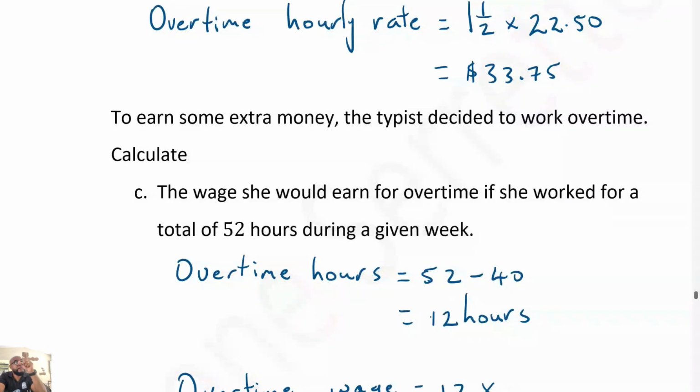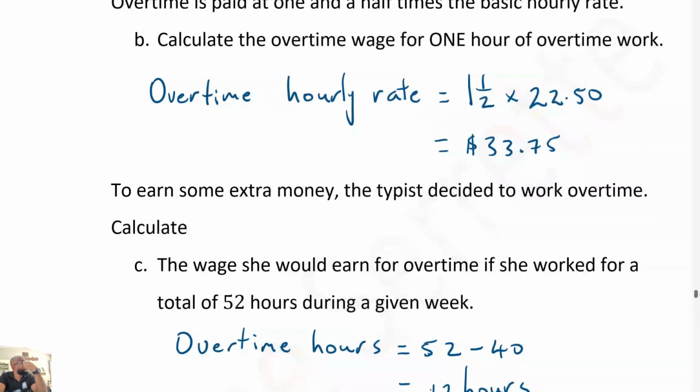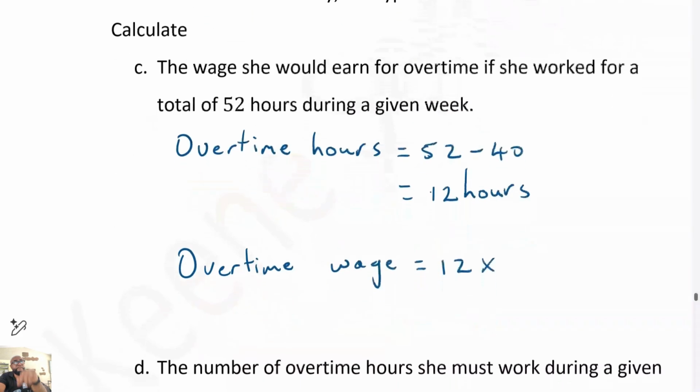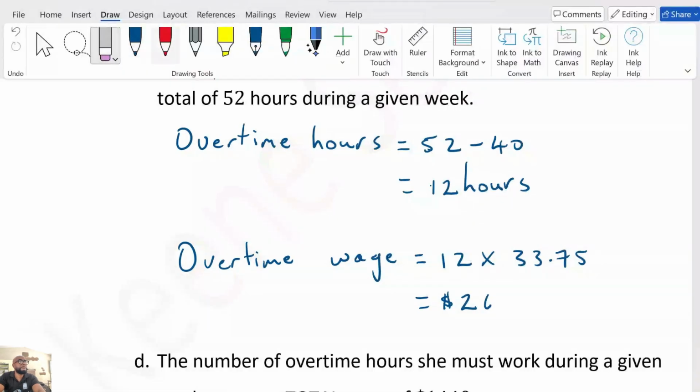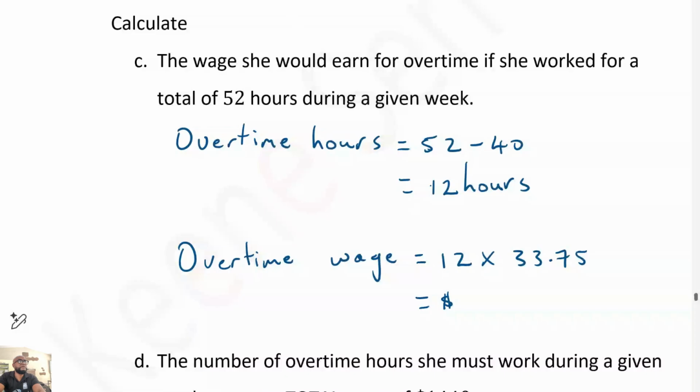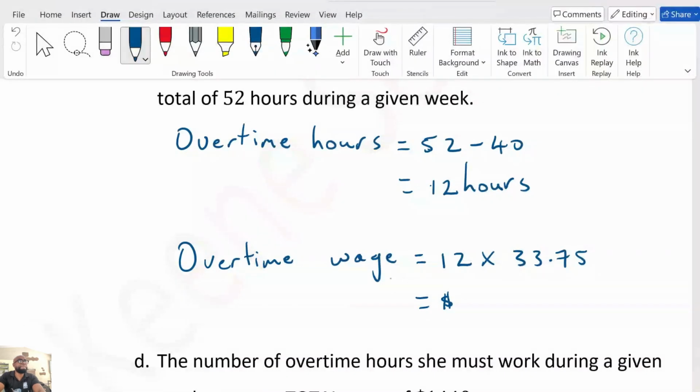Look at right there. 33.75. So calculate this for me, please. Tell me how much the typist is making for overtime wages. Oh well, what does it work out to be? 405 flat.